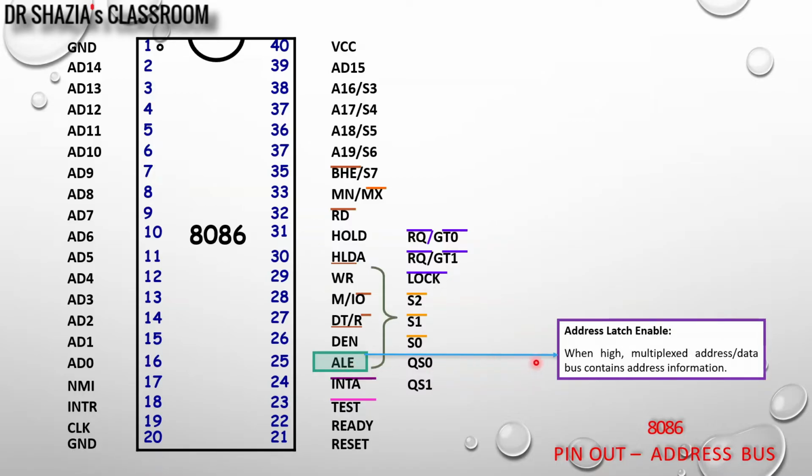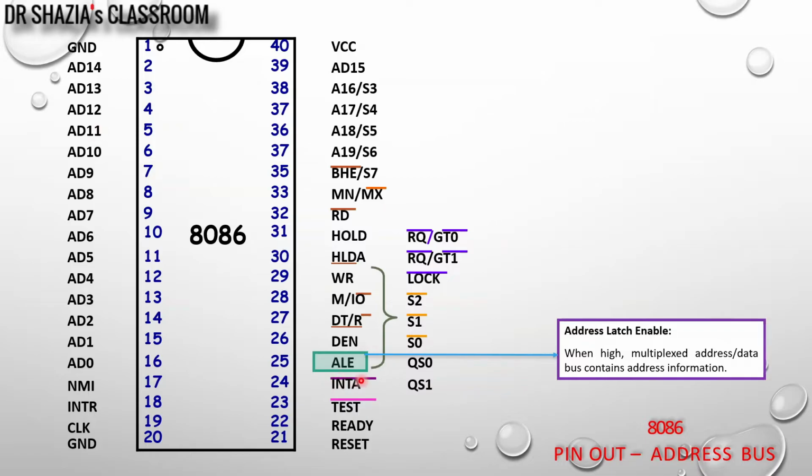As the name says, it is address latch enable. This particular signal will be high whenever AD0 to AD15 and A16/S3 to A19/S6 contain an address. So when ALE is active, the address will be available on these buses.